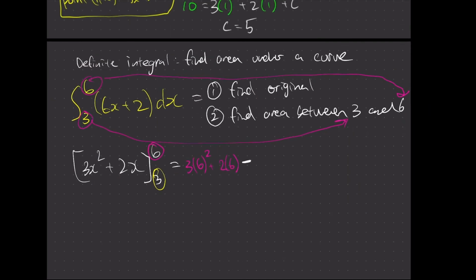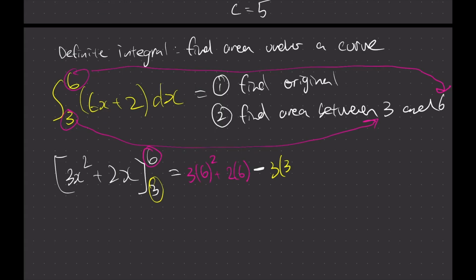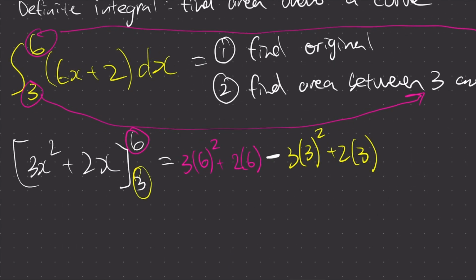So what do I have? I have 3 times 3 squared plus 2 times 3, just like this. Very simple. So after doing the math, what is the answer here? 36 times 3 plus 12, so this is going to be 120, minus what's yellow? 3 squared is 9, 9 times 3 is 27. Oops, should have brackets here, right?